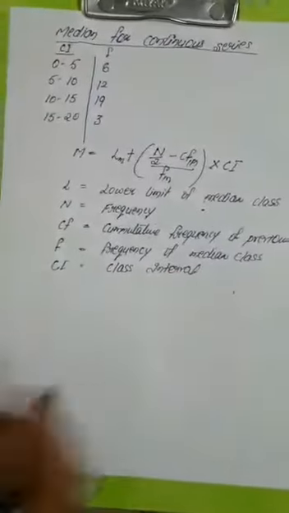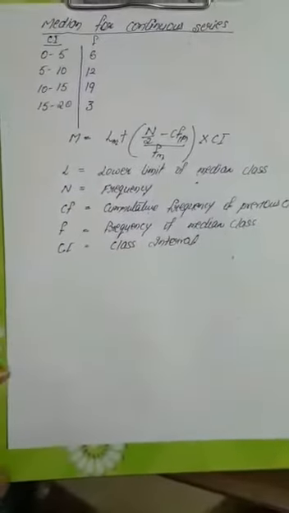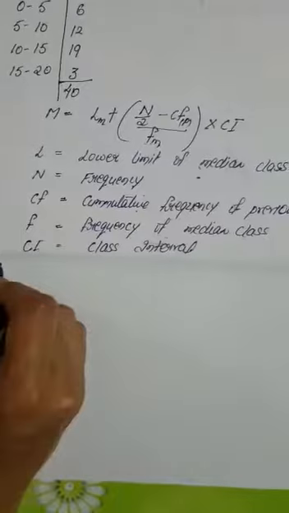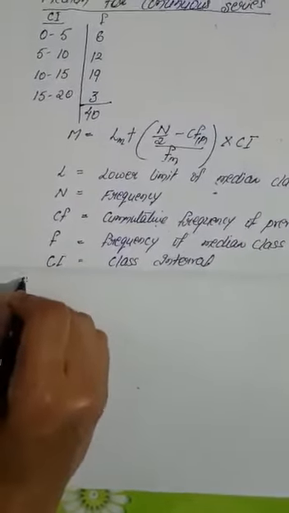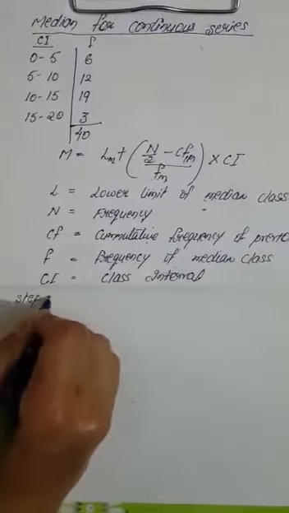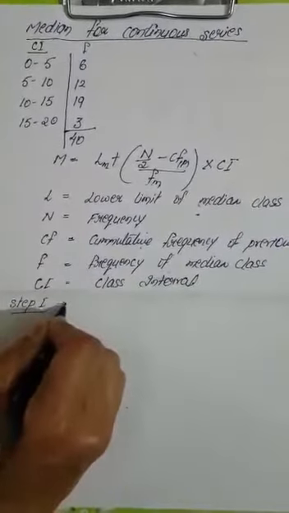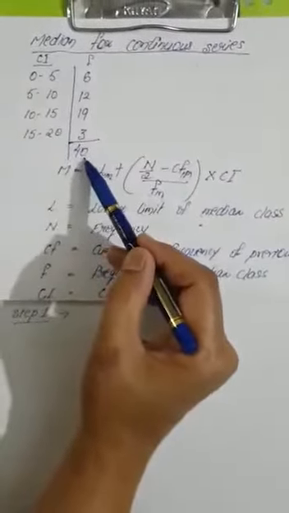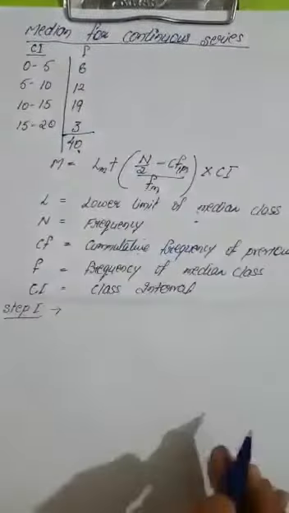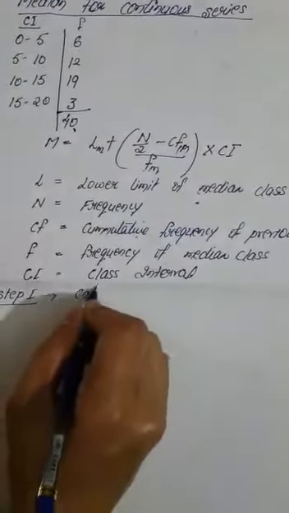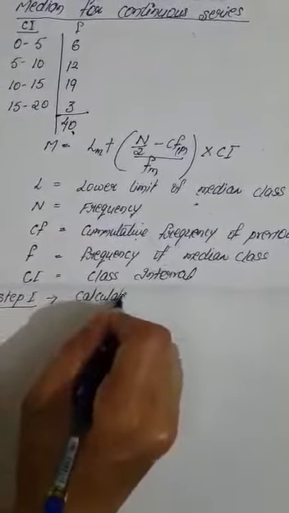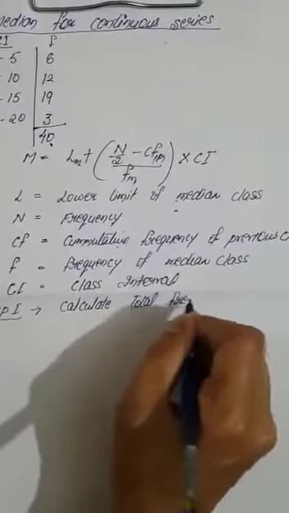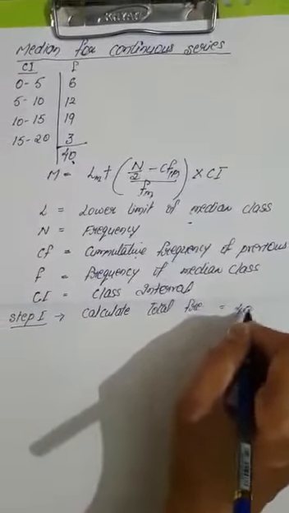Now there are various steps. We will follow those steps and find out the median for the continuous series. Now move to step 1. Step 1 is to calculate the total frequency, which is 40.